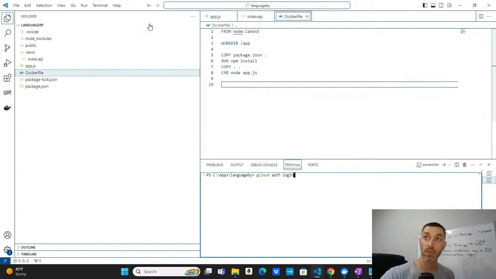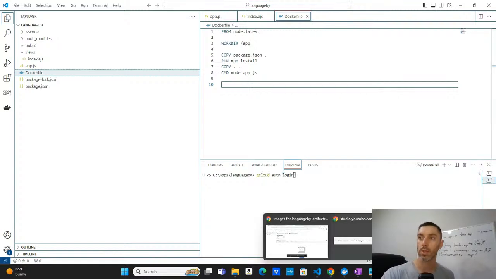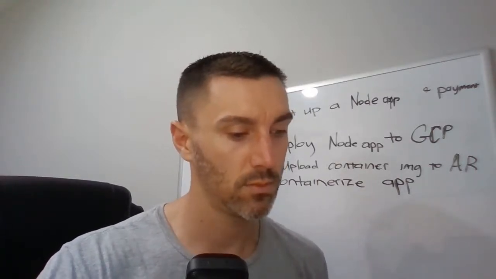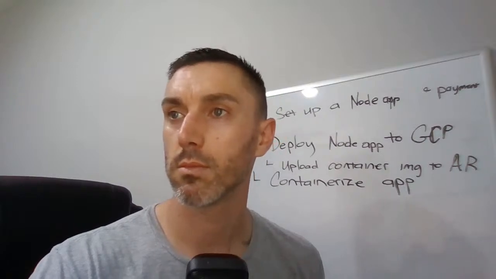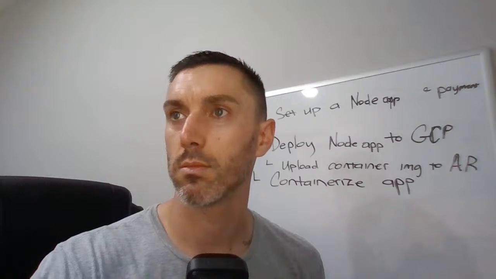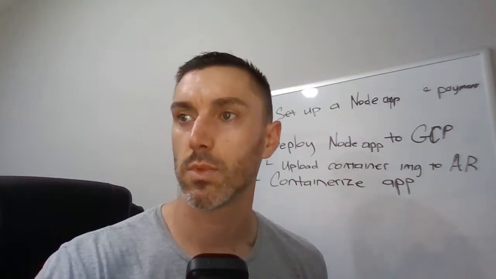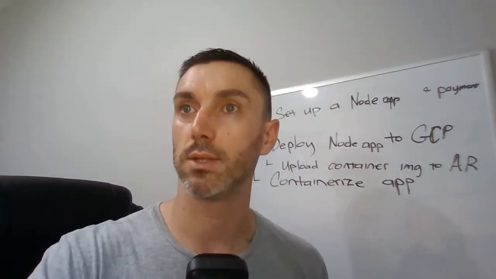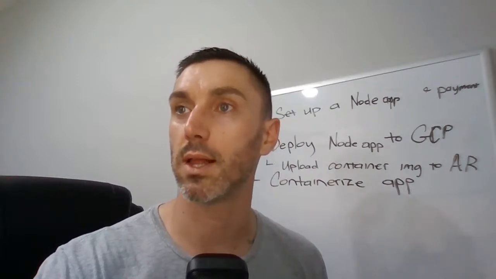I'm going to do that here in VS Code from my terminal, the second terminal I've opened, and log in to my Google Cloud account. When I hit that, it opens up a browser and allows me to sign into my Google Cloud account. It says you are now authenticated with the gcloud CLI.